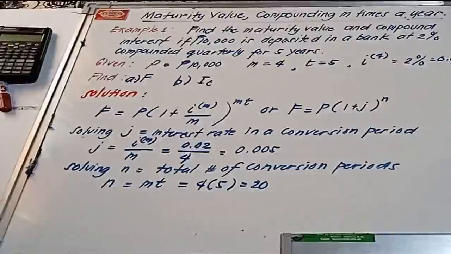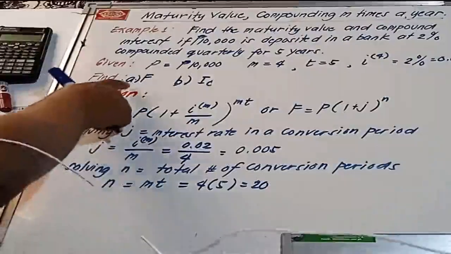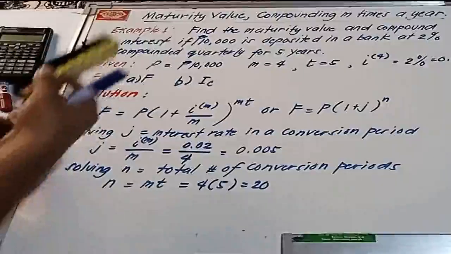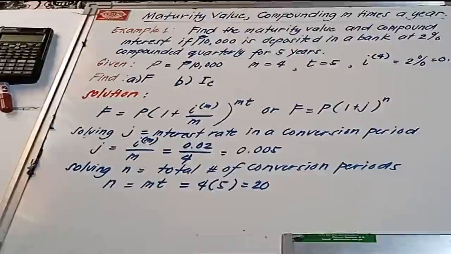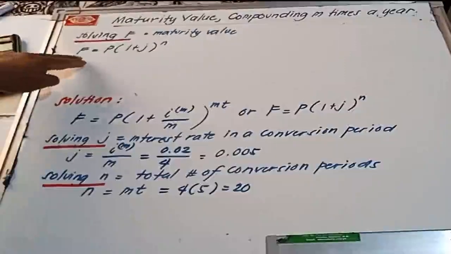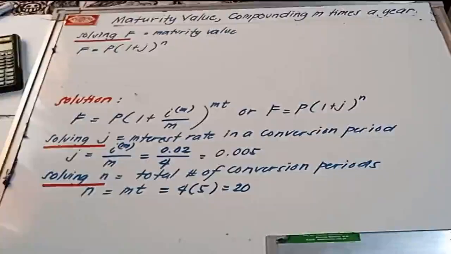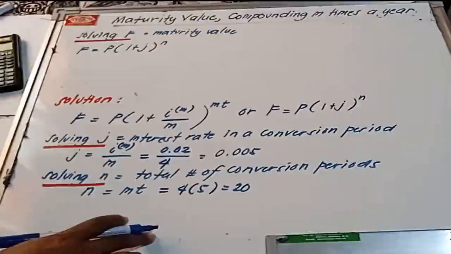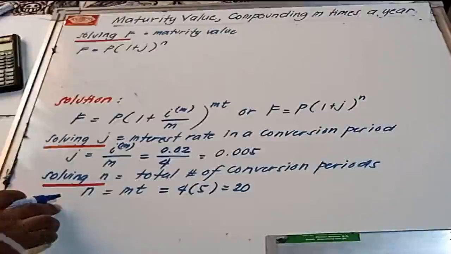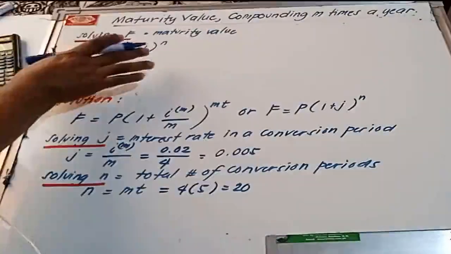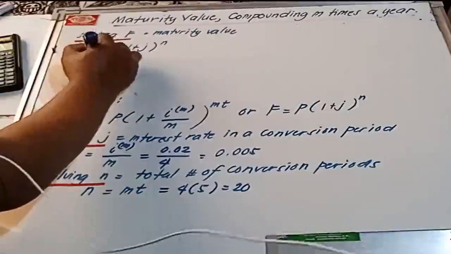Now, we are now ready in solving letter A, which is the maturity value. So, to solve for the maturity value, we're going to apply the formula F equals P quantity 1 plus j raised to n. So, we have already solved j, which is the interest rate in a conversion period, and we have already solved n, the total number of conversion periods. We're just going to plug in all of these values to this formula to solve for the maturity value.